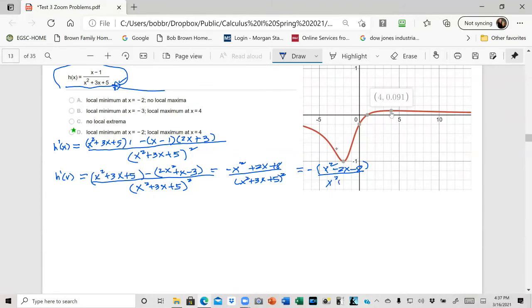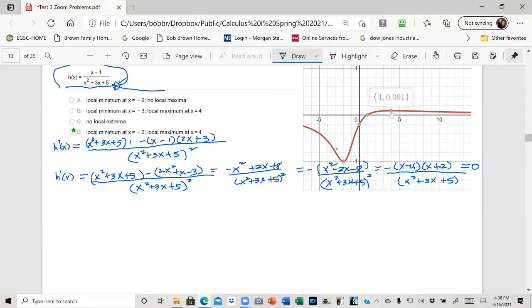It takes time to write this down. And now I'm going to factor the numerator into x minus 4 and x plus 2, divided by the denominator squared again. And we set that equal to 0.